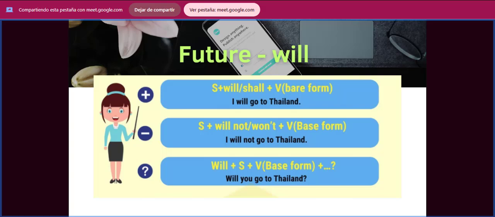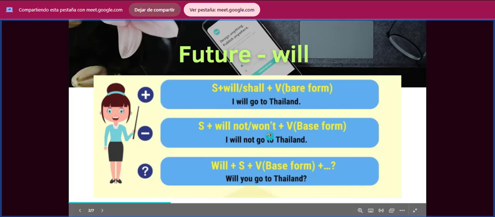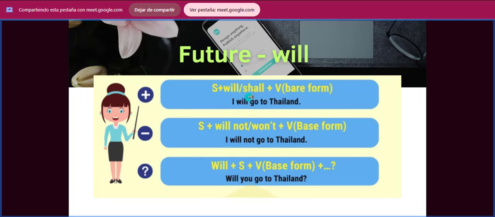We can have a personal pronoun, for example, or we can have the name of a person, an object, or any other element. Then we will place will, and as you can see in the image, it says that we can also use shall. Shall is super formal and it's not included in your lesson.